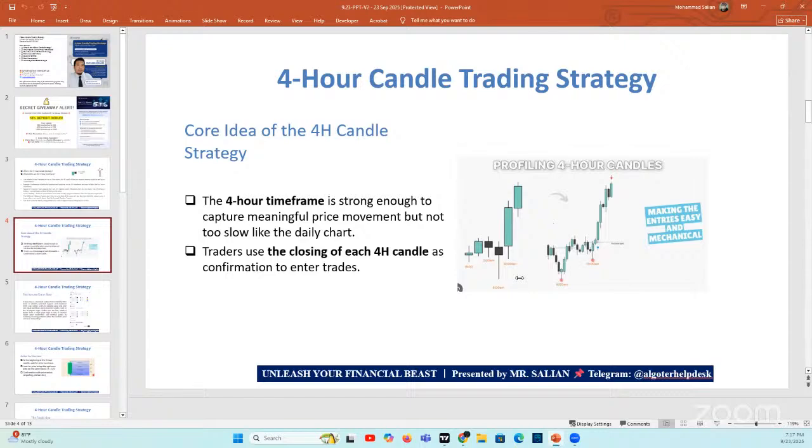And no one else can teach you this except yourselves, finding that strategy that works for you. No one taught me, no guru on this planet gave me all this secret sauce: this change of character, this break of structure, point of interest, FVG.